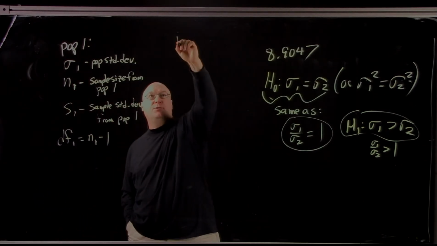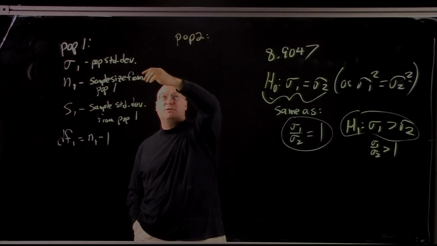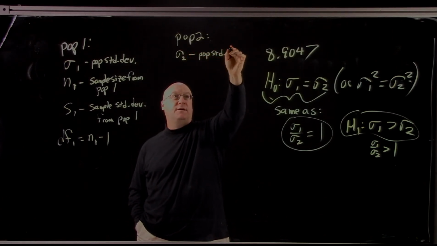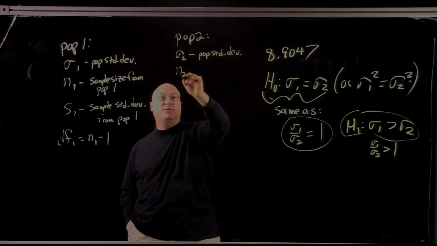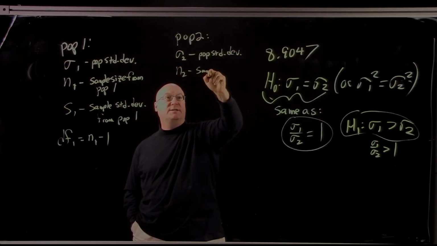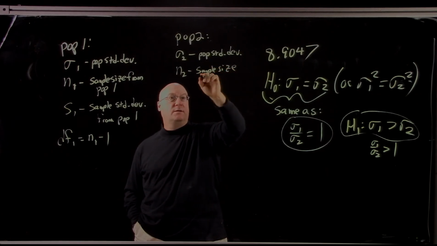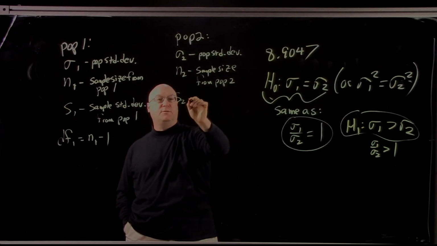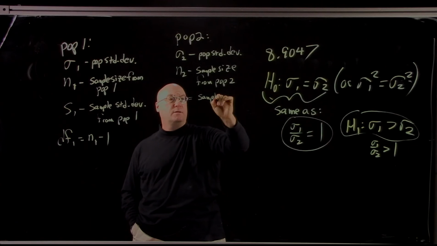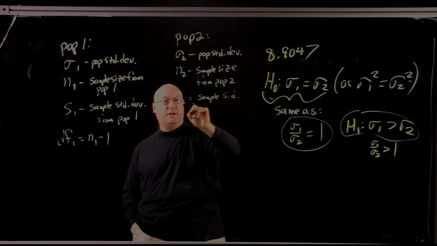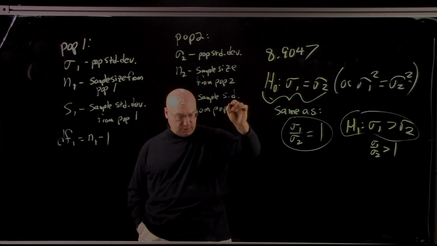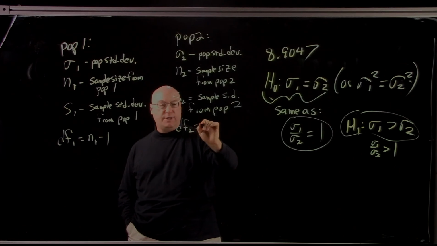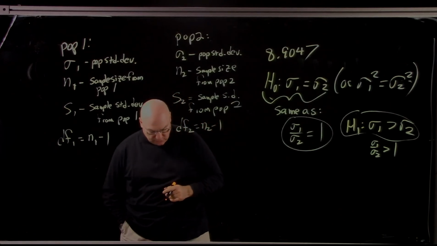And then population 2, it's all analogous. This is the population standard deviation. N2 is the sample size from pop 2, S2 equals sample standard deviation from pop 2, and degrees of freedom 2 is N2 minus 1.